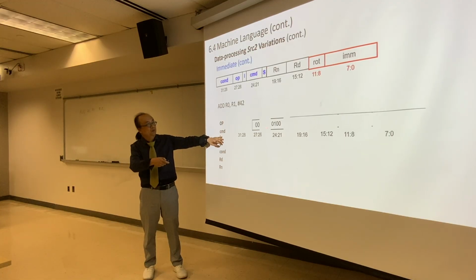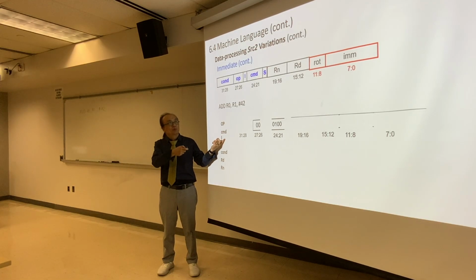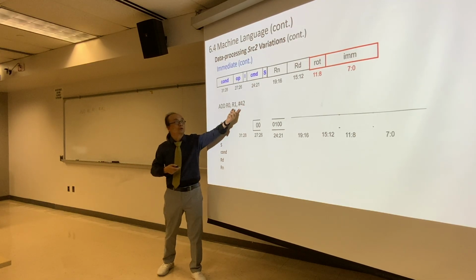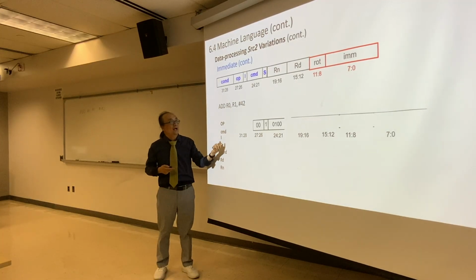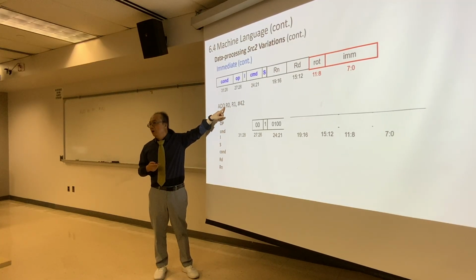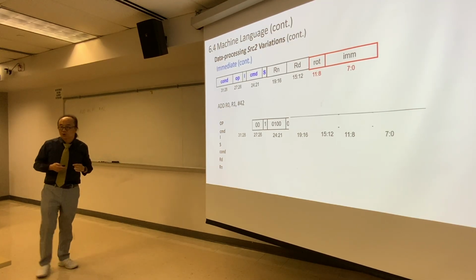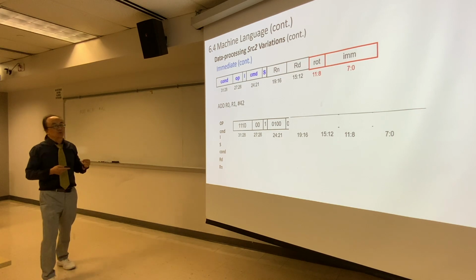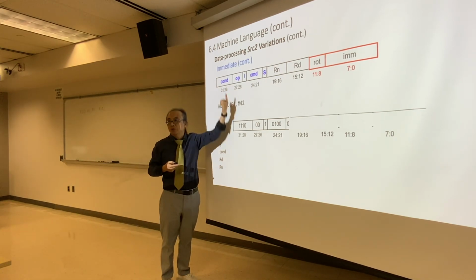What is the value of I? 1. Why? Because I see an immediate, the number 42. That's why we picked this one. So I is 1. S, I don't see any S right after add, so it's going to be 0. And COND, we said everything is going to be 1110 in the data processing unit.